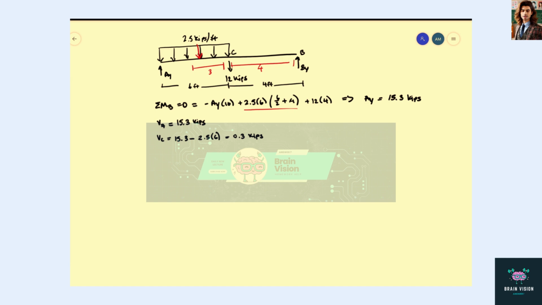And now also at point C, we have 0.3 minus 12 kips, downward force at C, we get a negative 11.7. And then from point C to B, our shear force is constant.